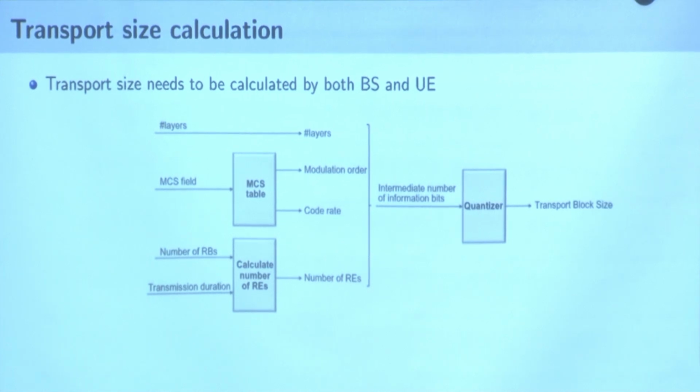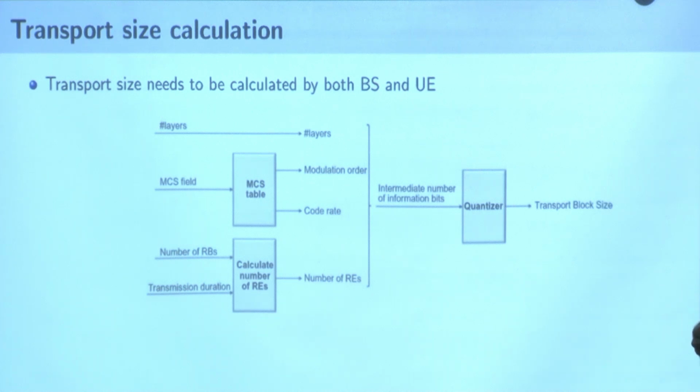Now the other variable which is going to decide the transport block size is the MCS field. And what will this MCS table tell us? What is the code rate, and what is the modulation order? I spoke about the modulation order just now, and this code rate also decides the transport block size, because the higher the code rate, the larger the number of bits you can transmit.